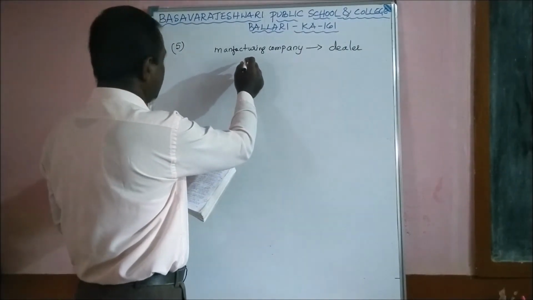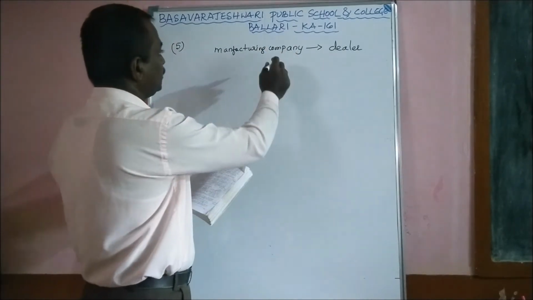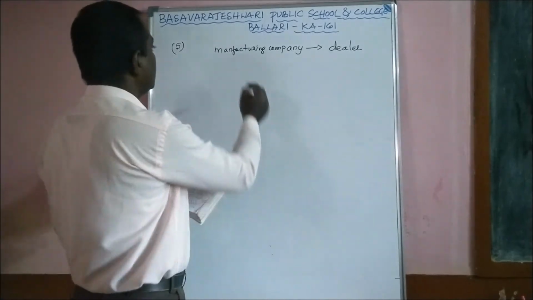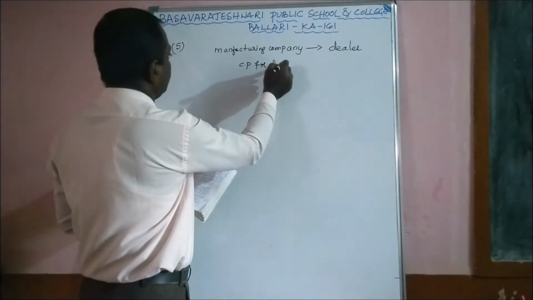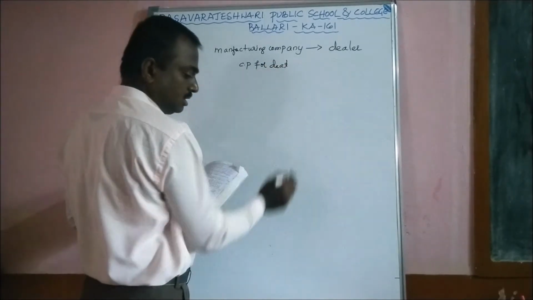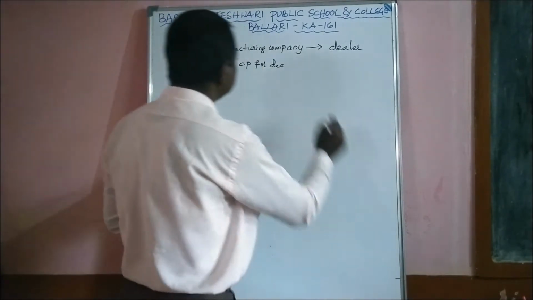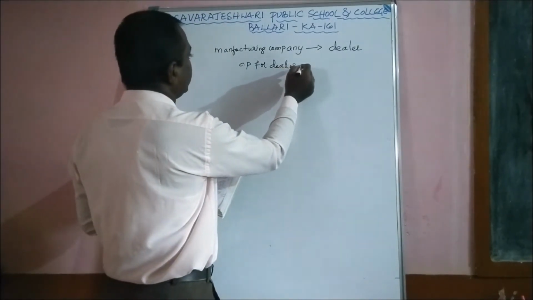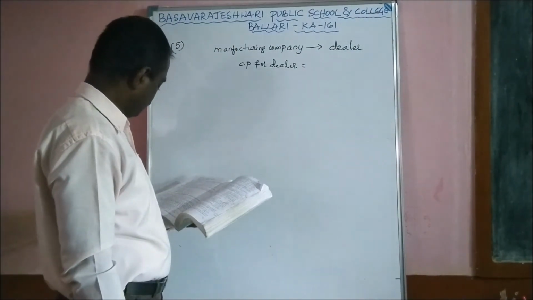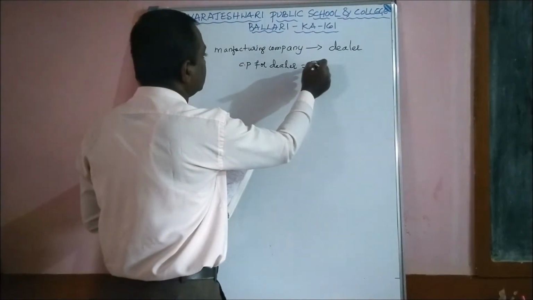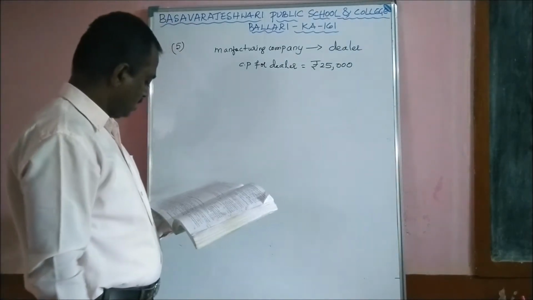Therefore, a dealer purchased a music system from the manufacturing company, so now the cost price for dealer is equal to rupees 25,000.